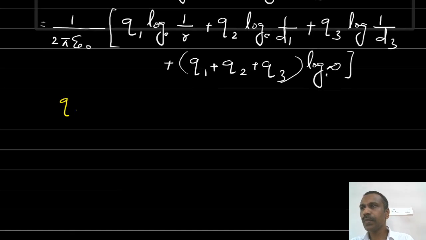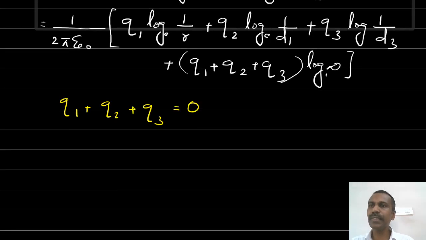Now Q1 plus Q2 plus Q3 is equal to 0. We assume that it is a balanced system. So I1 plus I2 plus I3 is equal to 0.